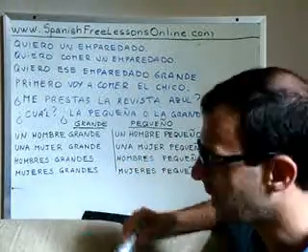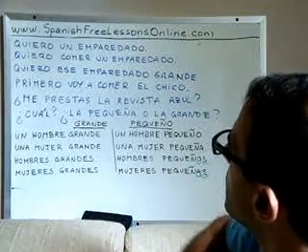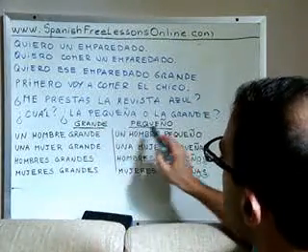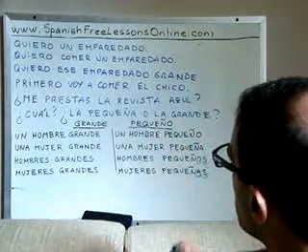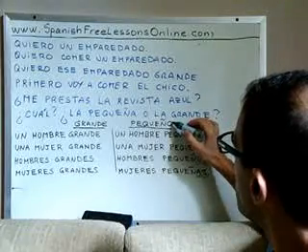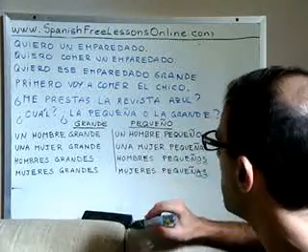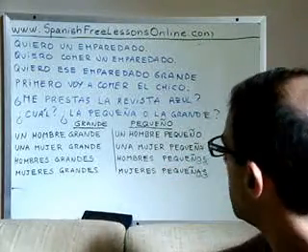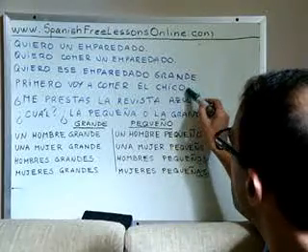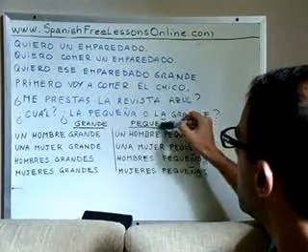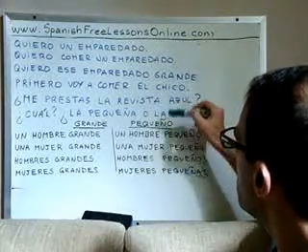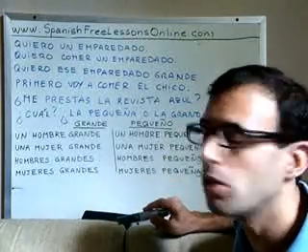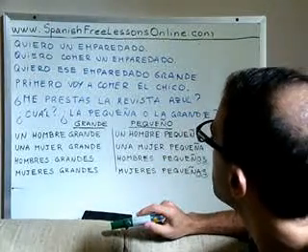Why is that? And this is the reason. Look, the adjectives that end with O or A are like pequeño, like chico. Chico is the same as pequeño. These are synonyms. Chico and pequeño both mean small, right?